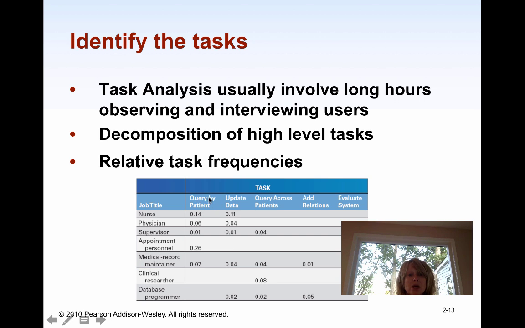One is you query by patient, which would be like doing medical procedures on patients. One of them is update data, so for example, maybe taking heart rate on a regular basis. One would be looking at all patients across a continuum. One might be just adding some relations, like family members, and another one would be evaluate the system.